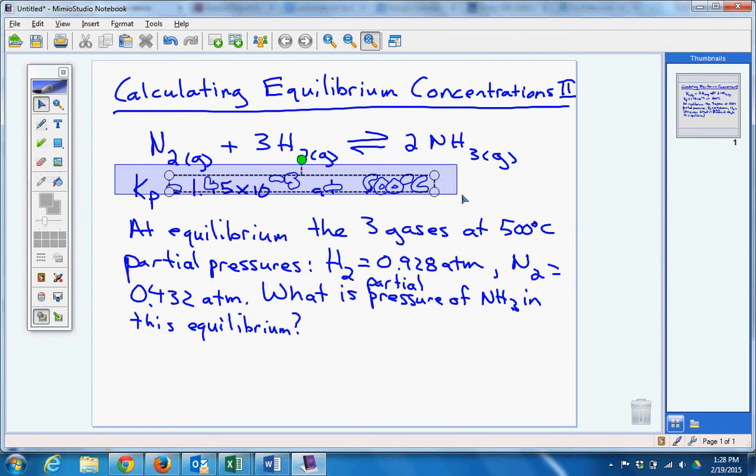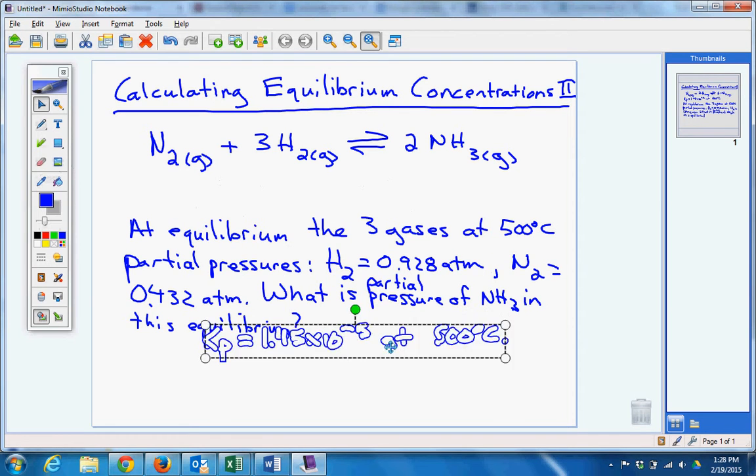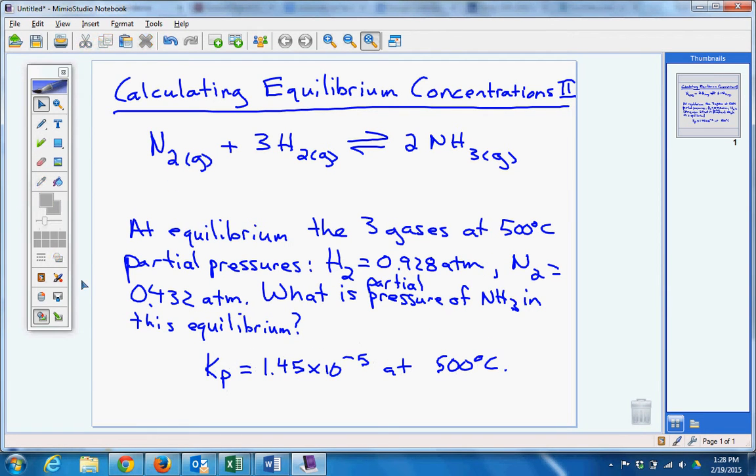So I'm going to take this. I'm just going to move this for a second. That's good. Just move that down here. All right. Now, what's my initial pressure of N2? I heard it. 0.432. What do I have for H2? 0.928. What do I have for NH3?